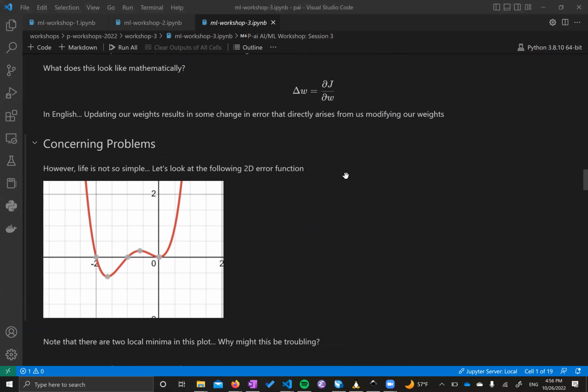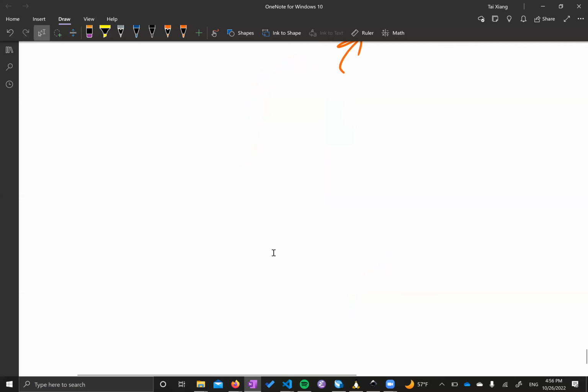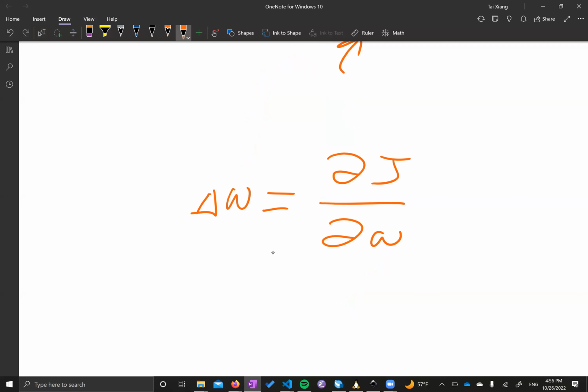Let's talk about it. So in English, updating our weights results in some change in error that directly arises from the modification of our weights. So delta W is equal to partial J, partial W. This basically tells us that the change in our weights arises from the change in error relative to some change in the weights.